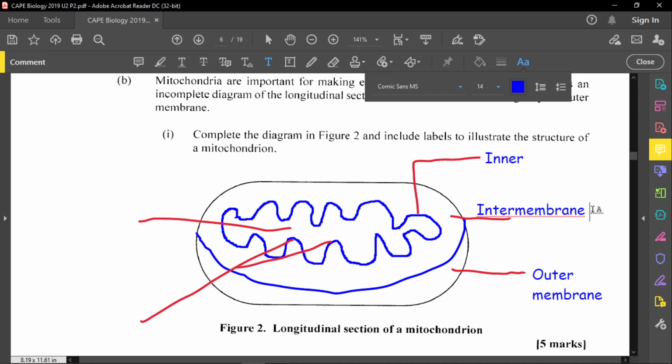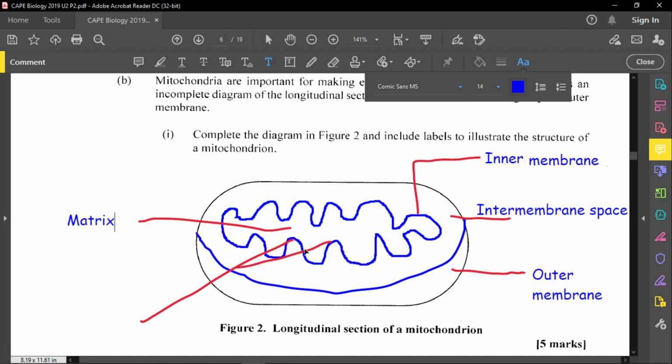There's an intermembrane space. So that's very important. So you have the intermembrane space, and now we have an inner membrane. And then we have the innermost part, which is called the matrix. This will be the matrix.